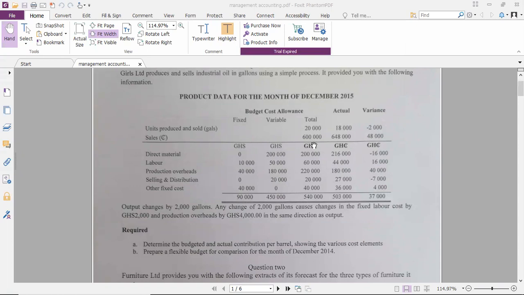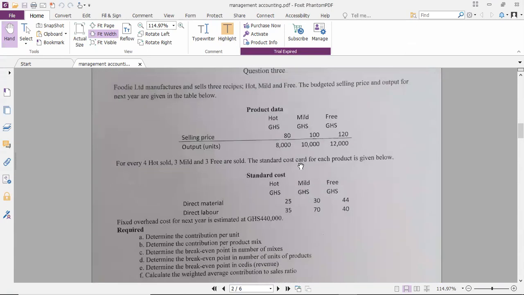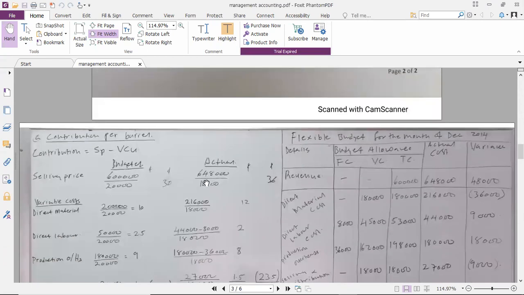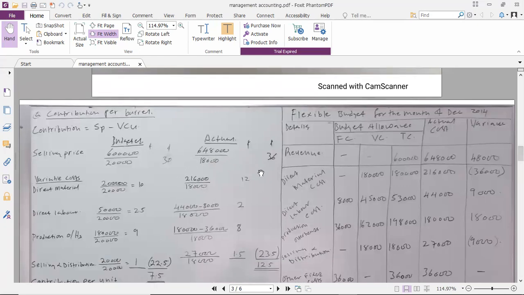So when you divide the sales by the total units produced, you get your selling price per unit. So budgeted selling price is 30. Actual selling price is 36.